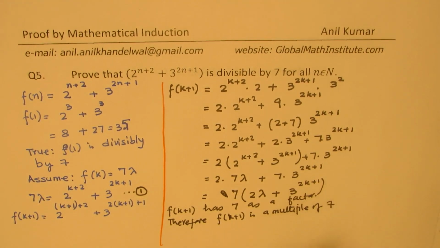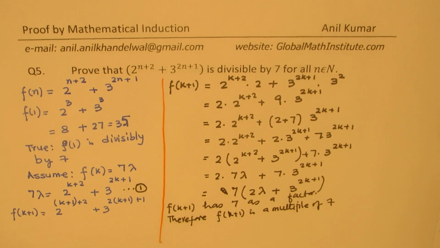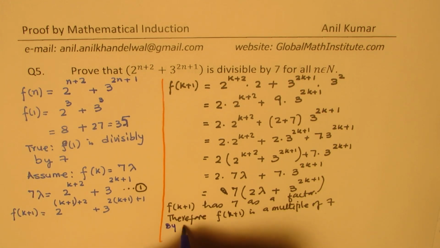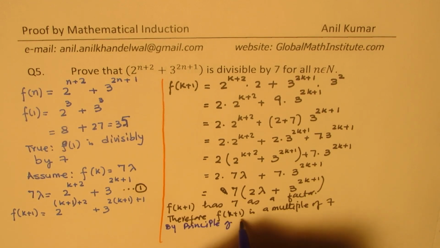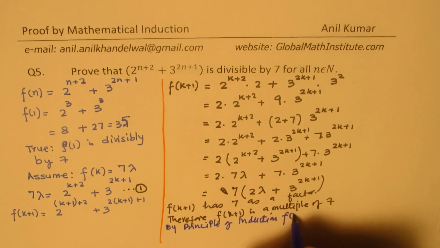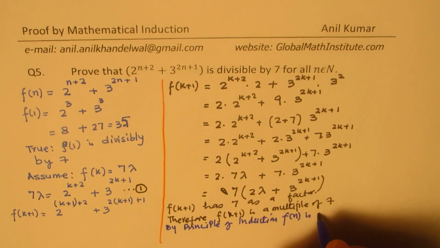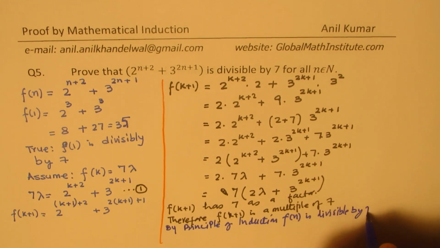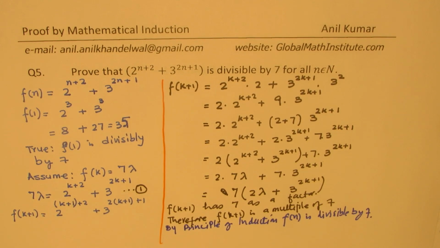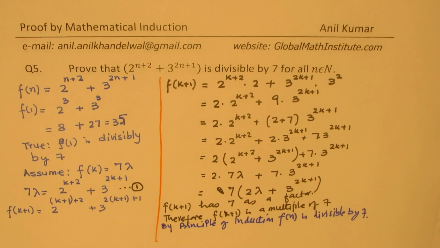So that is how by induction, so by principle of induction, f of n is divisible by 7. Is that clear to you, right? So that is how we can prove it. So I hope the steps are absolutely clear.